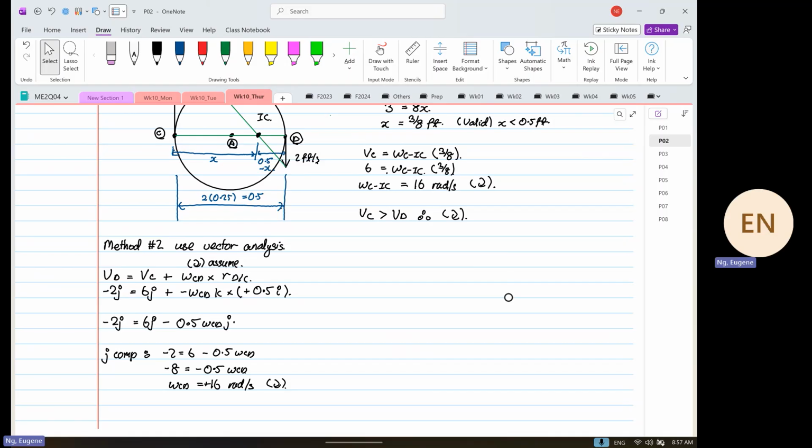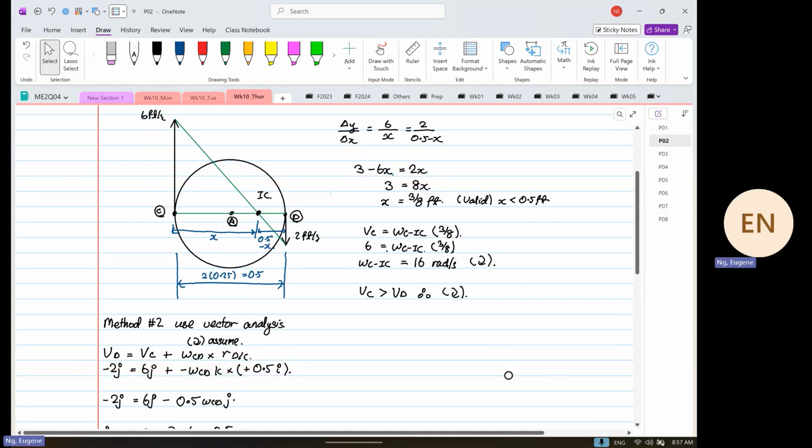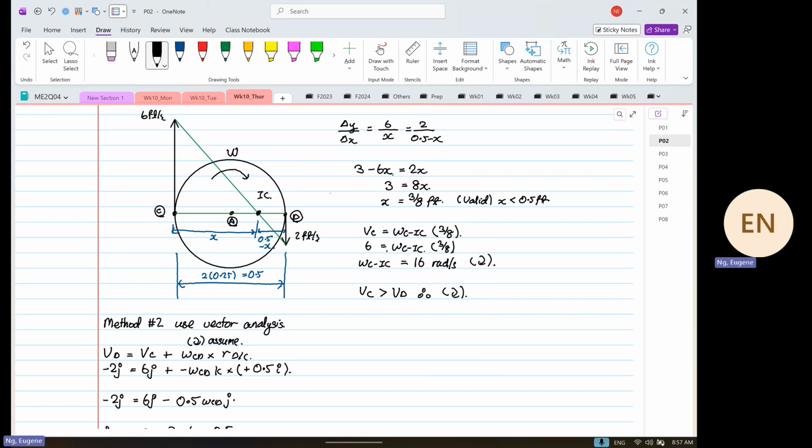Okay, so now we are very sure that this will rotate in this direction. Omega CD, or that is our omega. Okay, so now go back to our expression over here.